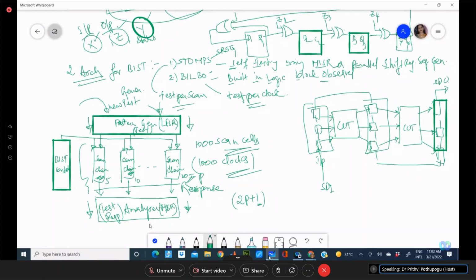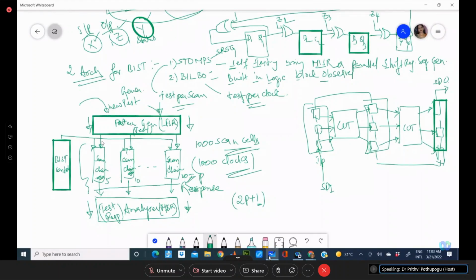This is very lengthy. Though your circuit is very simple, this is very lengthy and it needs many more clock pulses to perform the iteration of testing, generating the test pattern and analyzing.